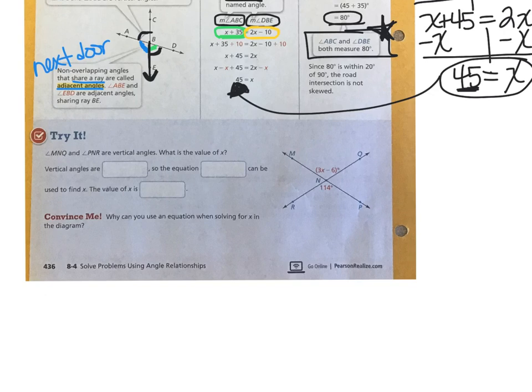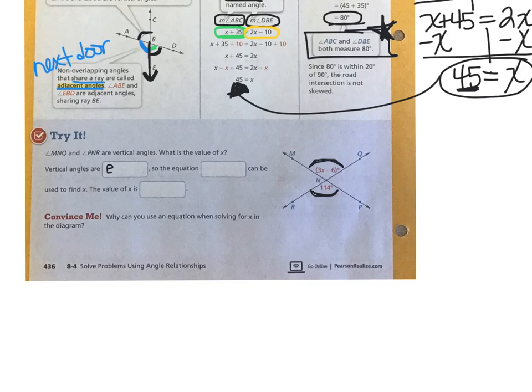Now let's complete the try it question. Angle MNQ, that would be this angle right here, and angle PNR right here are vertical angles. What is the value of x?